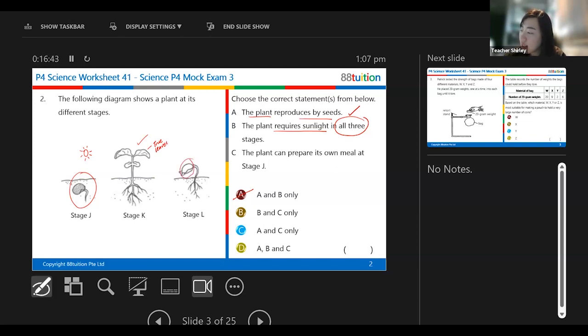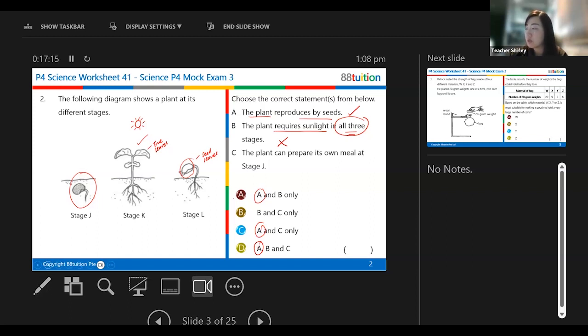But this one, it actually uses its seed leaves for food. So it actually does not require sunlight in all three stages. This one does not need sunlight. Only when the true leaves come out, that's when it needs sunlight. So that statement is out, B is out. A is one of the correct statements.